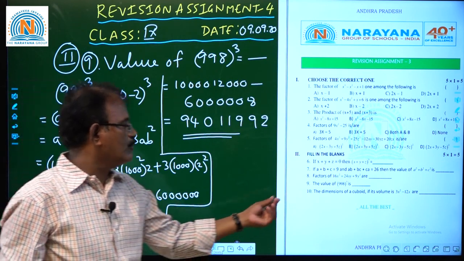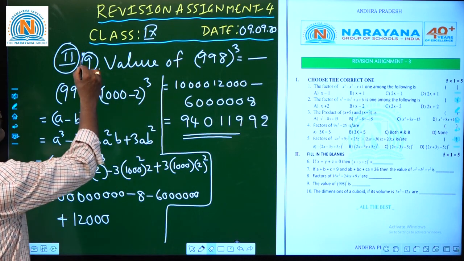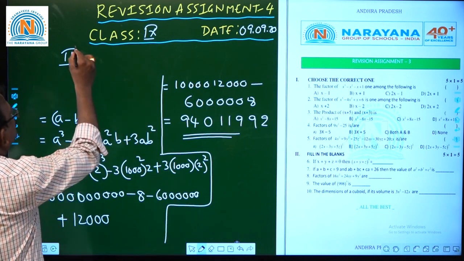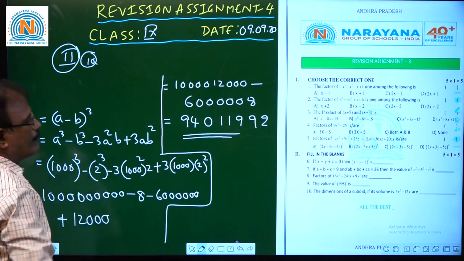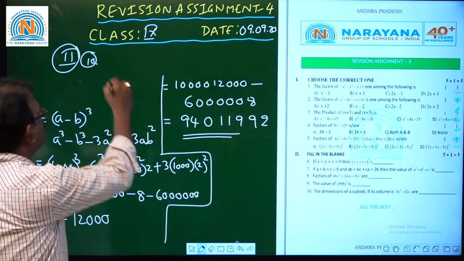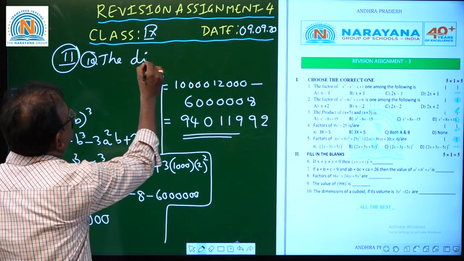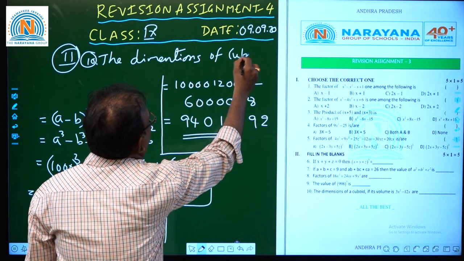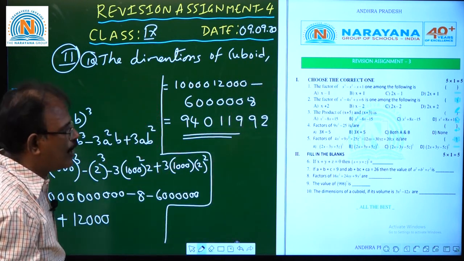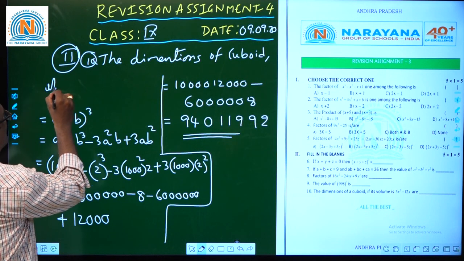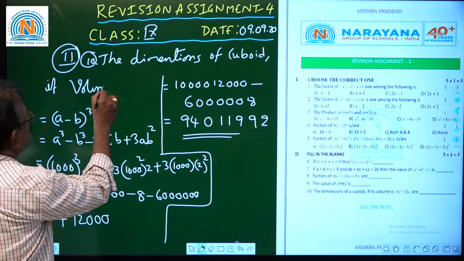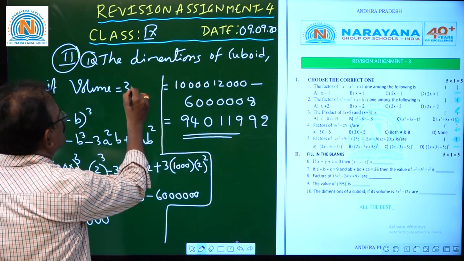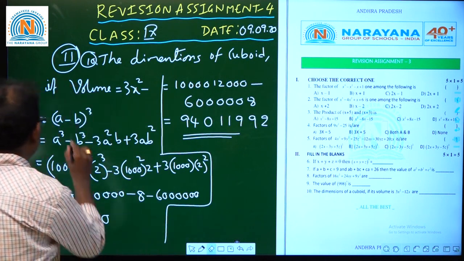So let us come back to the 10th one of the second Roman, children. What is the 10th one? The dimensions of a cuboid if its volume is, what they have given, 3x square minus 12x.